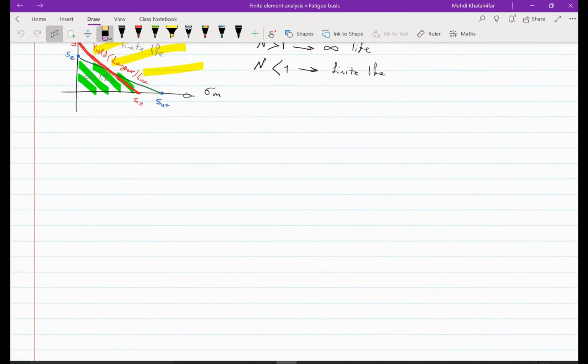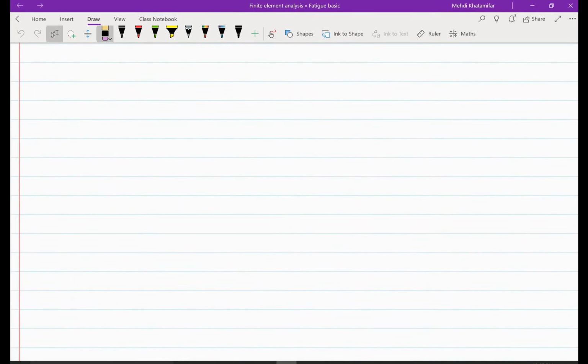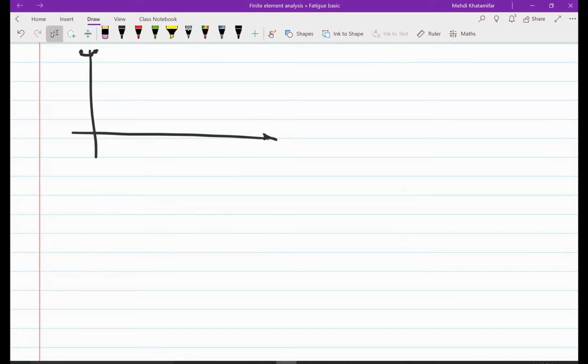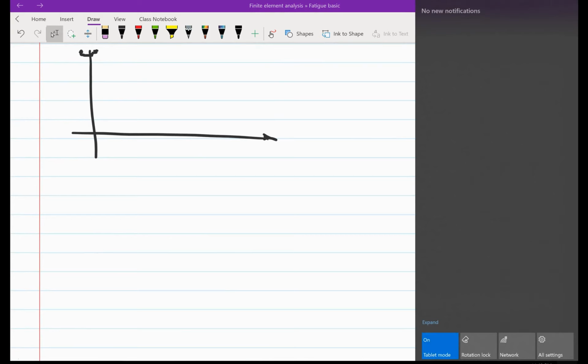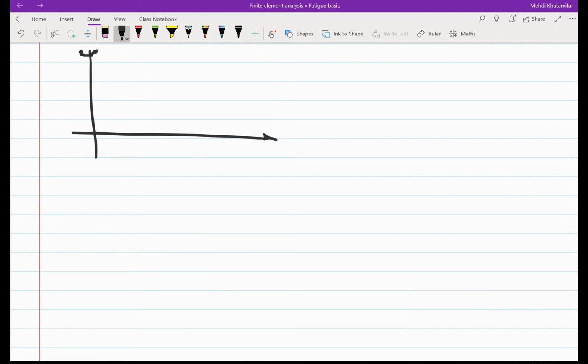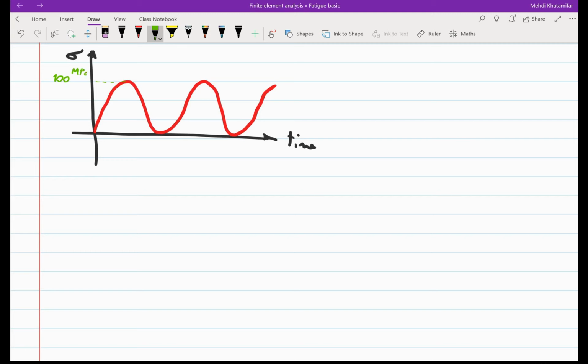Okay, now let's see my plan for the rest of the workshop. We are going to have two types of loading. So this is going to be stress versus time. For case 1, it is going to be zero-based cyclic mode, and the maximum stress is going to be 100 megapascal.